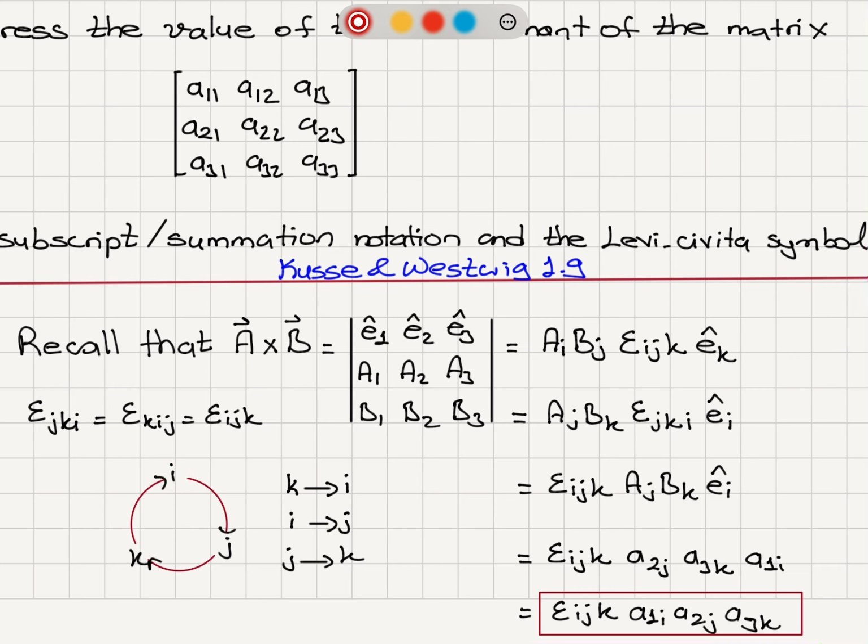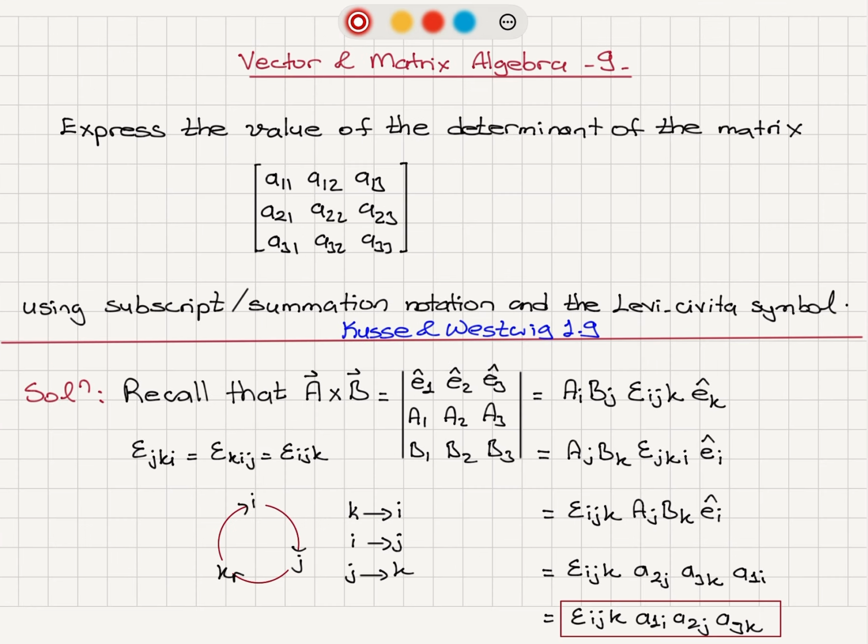So epsilon ijk, aj bk ei hat. And this says you should consider the second row, the jth index, which means a2j, and then the third row, k index, a3k, and then the first row, ith index, which means a1i. So this means I have epsilon ijk, a1i, a2j, a3k. That is the subscript summation notation way of writing the determinant of a matrix using the Levi-Civita symbol.